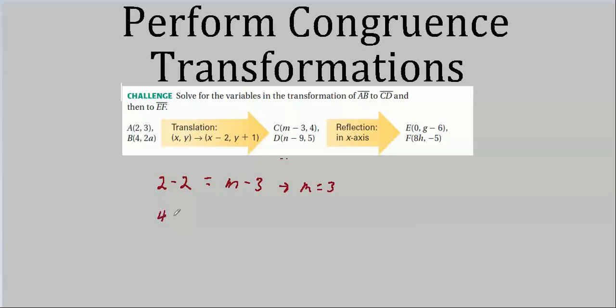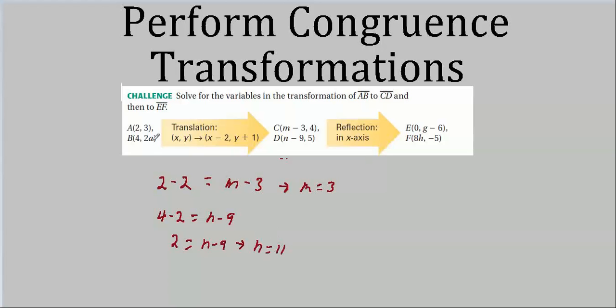We're doing the x-coordinate right now, because that's the one with the variable in it. So 4 minus 2, because that's what the translation does, equals n minus 9. And I get 2 equals n minus 9, or n equals 11. Okay.